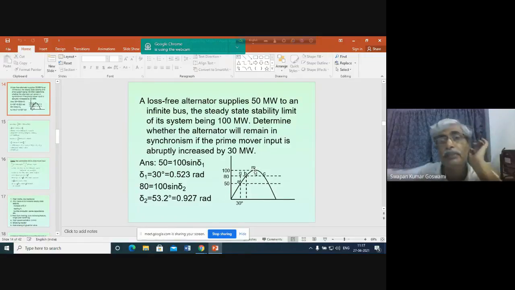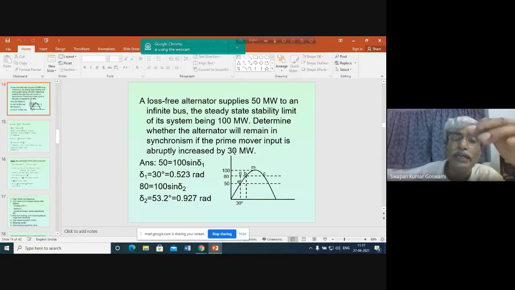You can consider this as an example, rather an assignment, and calculate up to what point delta will swing. How long will the generator rotor swing? What is the maximum delta for this particular disturbance, which is a 30 megawatt increase in the input power? Okay, so this was the first part.